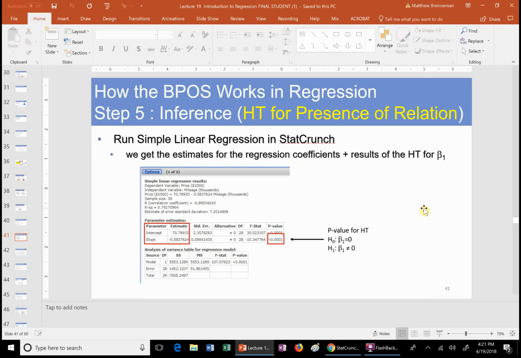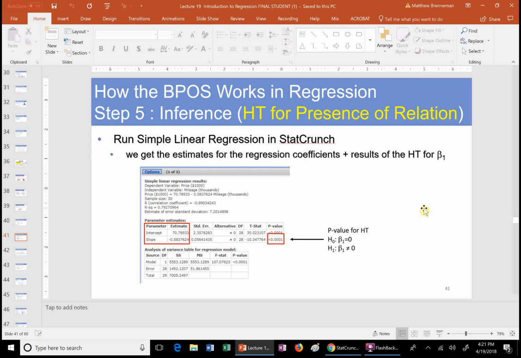That's okay. So if you go back here, notice that this is our output. What we're doing is looking at the slope and this p-value. The p-value for a slope is the p-value for this hypothesis test. Now, the way that we draw conclusions from hypothesis tests is the same for any type of hypothesis test, the same as what we did when we looked at mu. So what would our conclusion be here? The p-value is 0.0001.